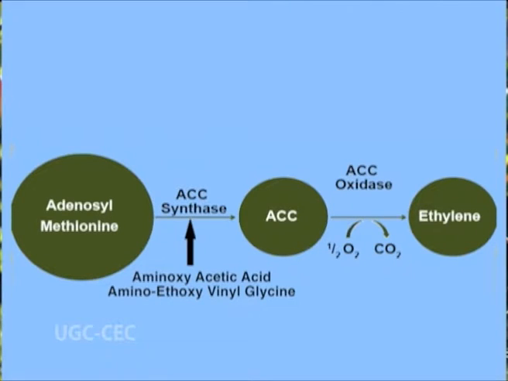Chemicals like aminoxyacetic acid and aminoethoxyvinyl glycine can inhibit ACC synthase enzyme. ACC oxidase enzyme is inhibited in the absence of oxygen, in other words, under anaerobic conditions. Commercially, inhibition of these enzymes is used as a method to keep the fruits in an unripe condition for storage and transport.